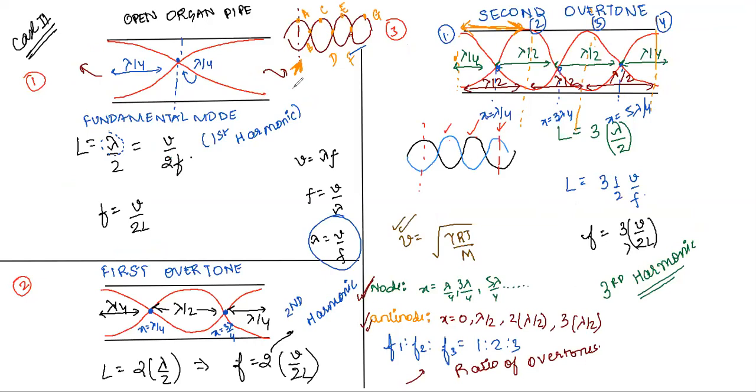Here we went from A to C, right? In the second case, we went from A to E. In the third case, we went from A to G, right?